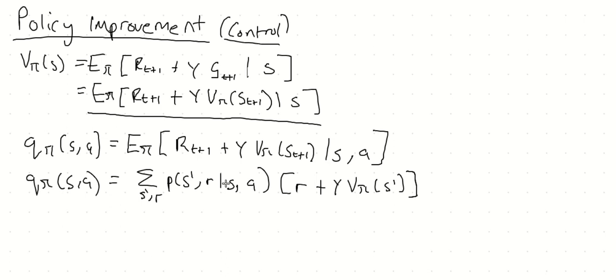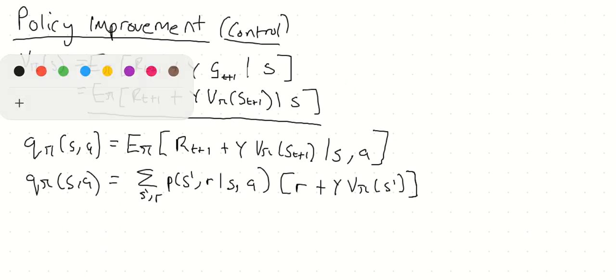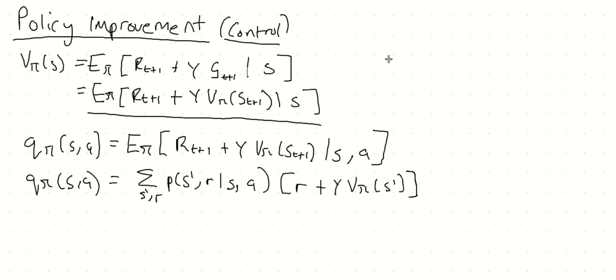So how is it different from before? In the case of the value function, if you remember, we had an extra term behind this, where we multiply by this expression, pi of a given s.